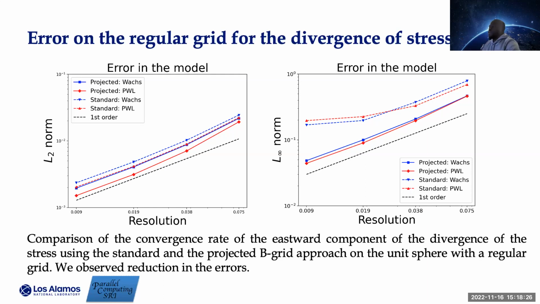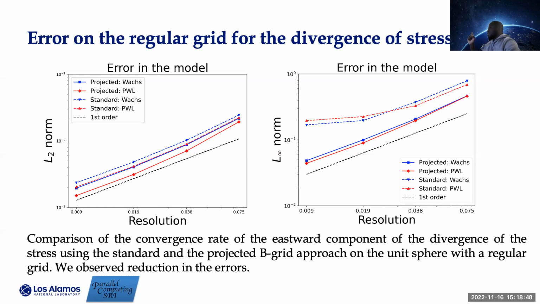And in numerics, we all know that as we increase the resolution, we expect the error to decrease. That's one primary goal in numerics. As we increase the resolution, you expect the error in the solution to decrease. But as we can see, for the standard approach, the dashed lines, the error does not decrease, and that is more visible when we consider the L infinity norm.